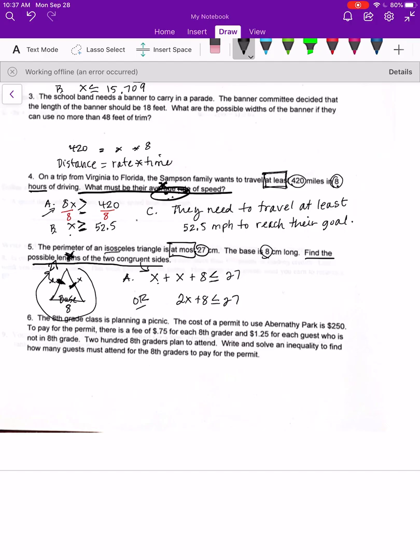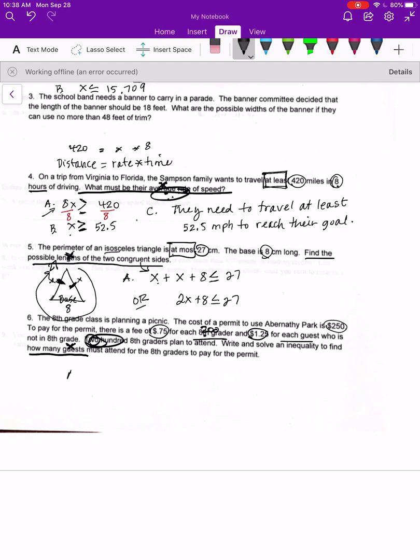Write and solve an inequality to find how many guests, there's my question, guest is my x, must attend for the 8th graders to pay for the permit. So the permit is $250. They charge 75 cents for each 8th grader and $1.25 for each guest. They tell us that 200 8th graders attend. So there are 200 of them going.